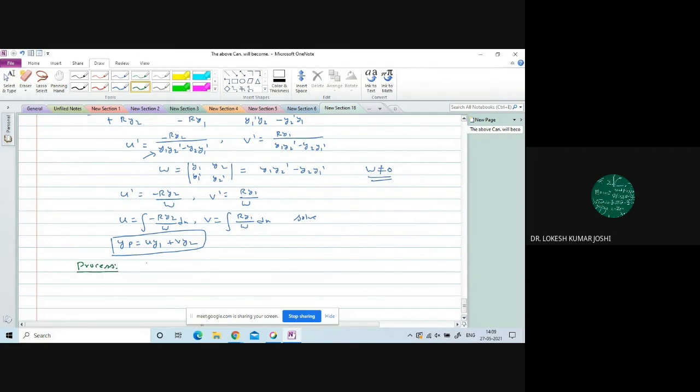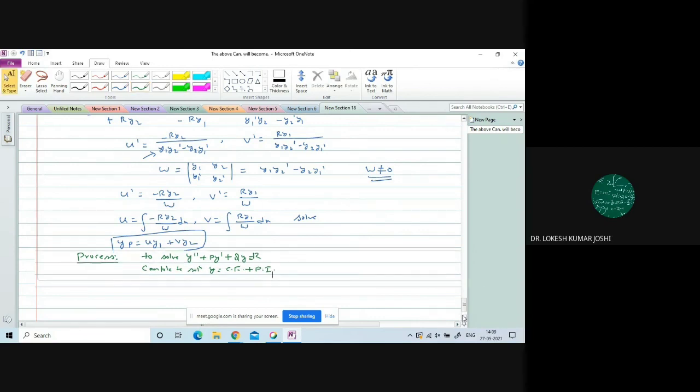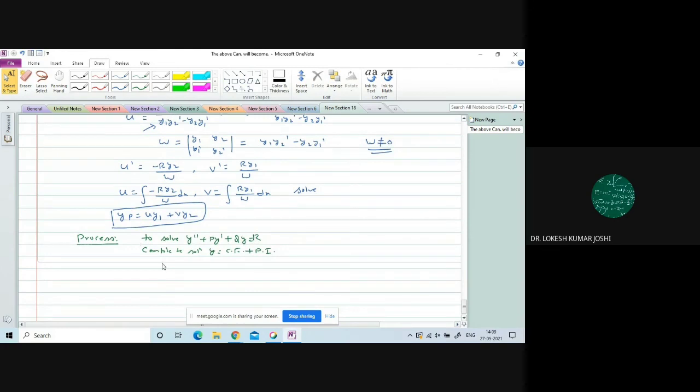First, to solve y double dash plus p y dash plus q y equals r, the complete solution will be y equals CF plus PI. Then we find CF. Let CF, y equals c1 y1 plus c2 y2.